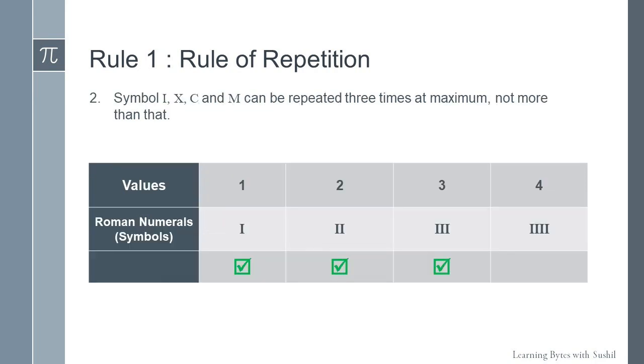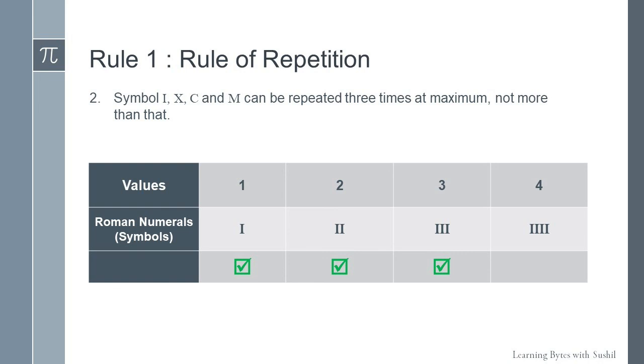Number 2, symbols I, X, C and M can be repeated 3 times at maximum, not more than that. Remember, I, X, C and M can only be repeated at most 3 times.